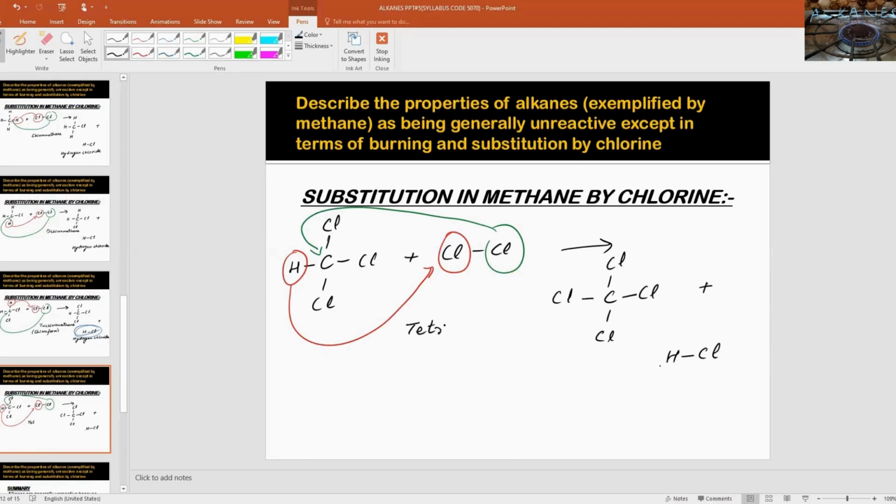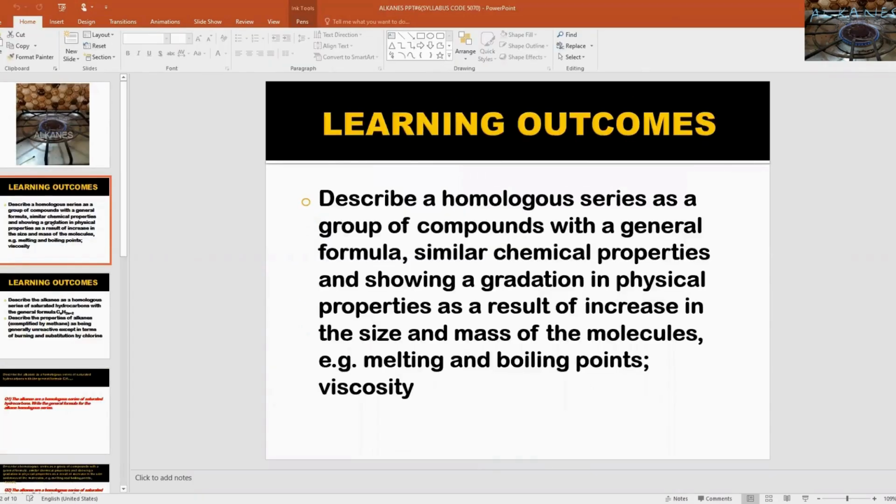Tetrachloromethane, hydrogen chloride. You see here, the hydrogen chloride is the most common product.